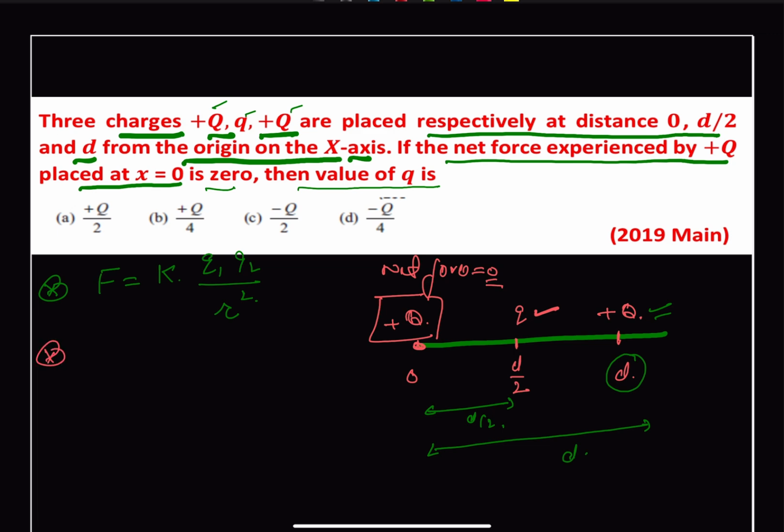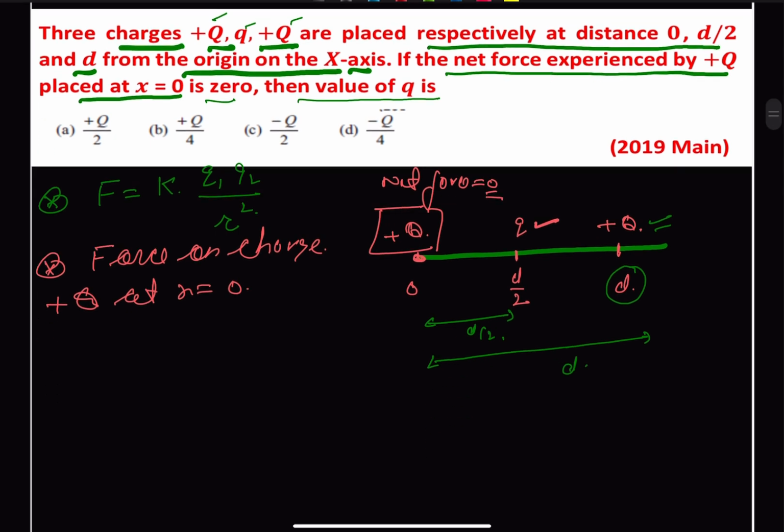So you can say force on charge plus q at x is equal to 0, and there will be two forces.